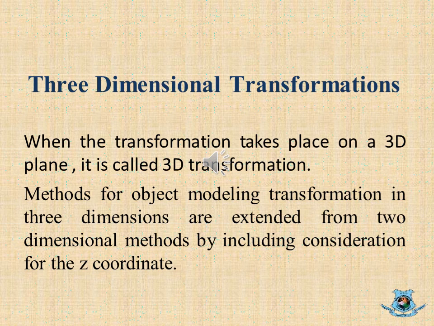Methods for object modeling transformation in 3 dimensions are extended from 2-dimensional methods by including consideration for the z coordinate. It is the movement of an object from one position to another, and the translation is done using translation vectors.